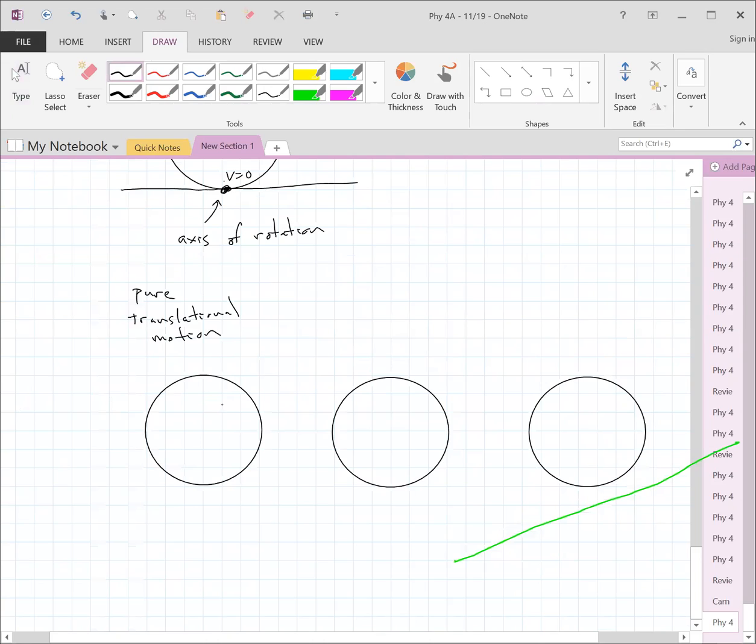Pure translational motion. What does that mean? The whole circle is just moving to the right without rotating.